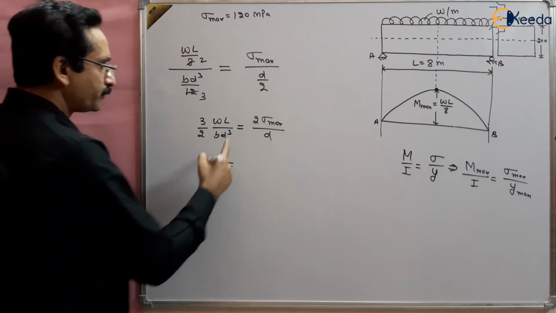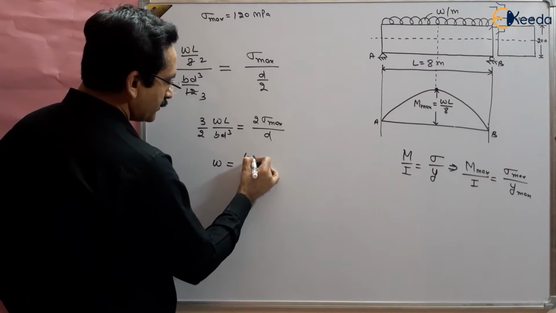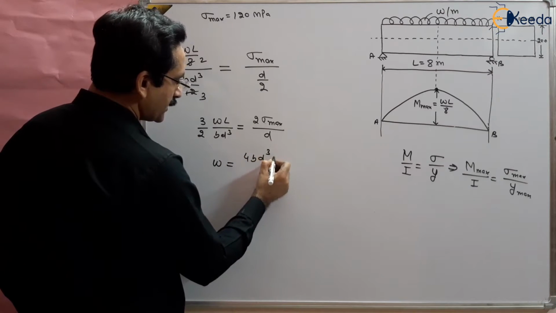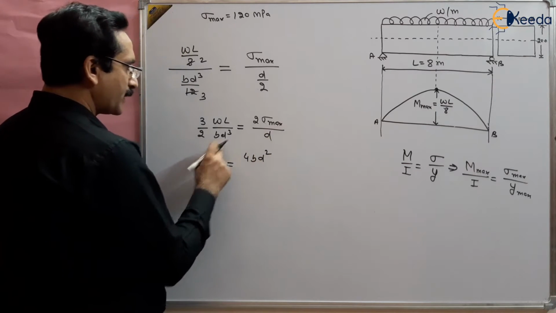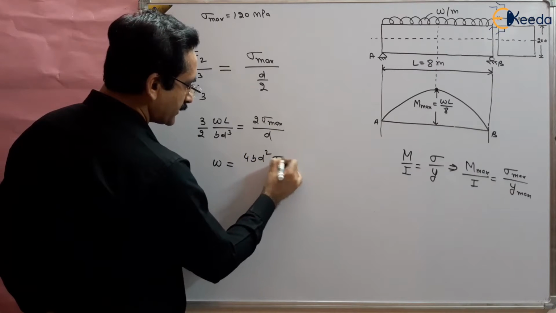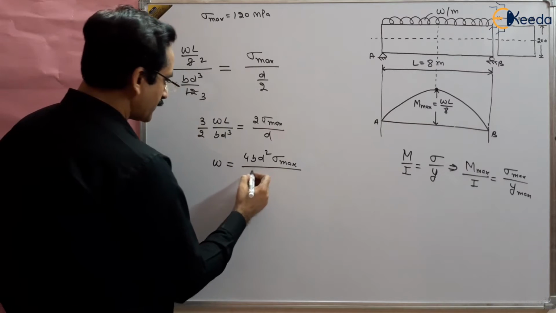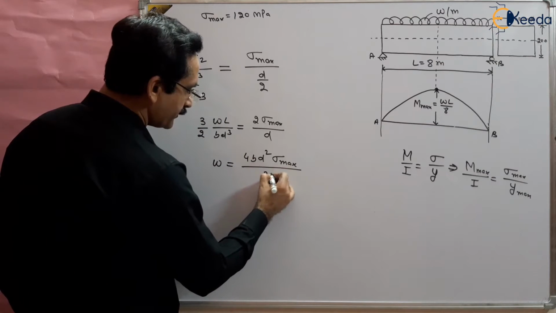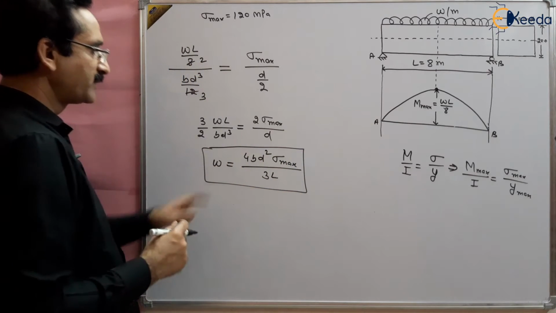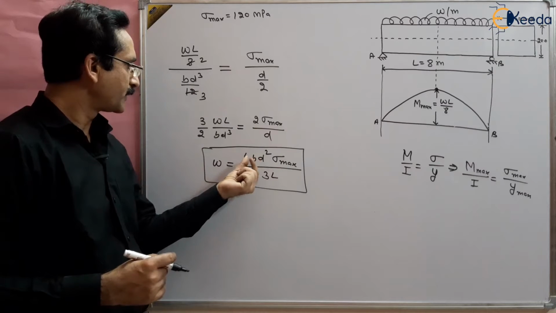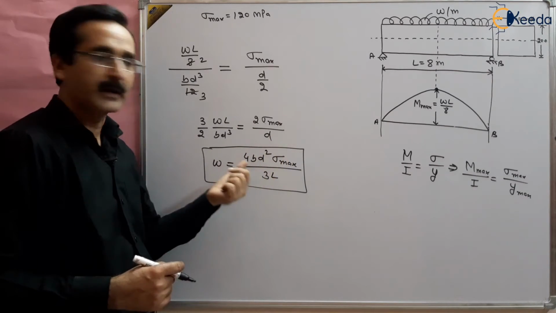W will be equal to 4 BD cube, and D to D, one D will cancel out, so 4 BD square sigma max upon 3WL, and W we have to find out, 3L. So this is the W: 4 B D square sigma max upon 3L.